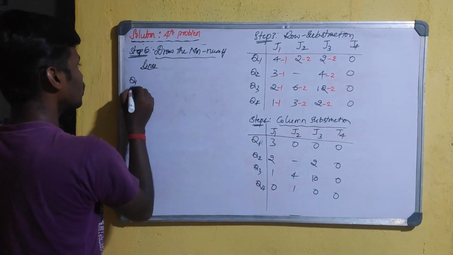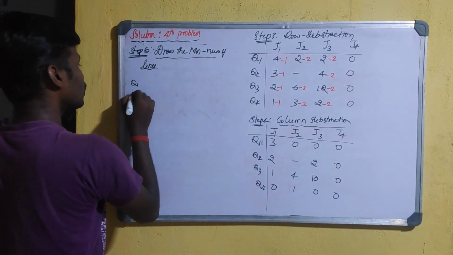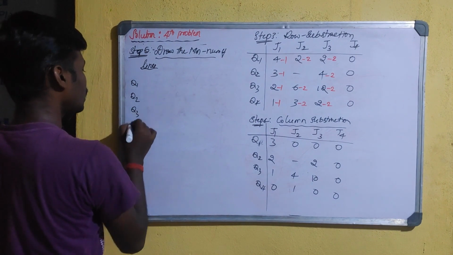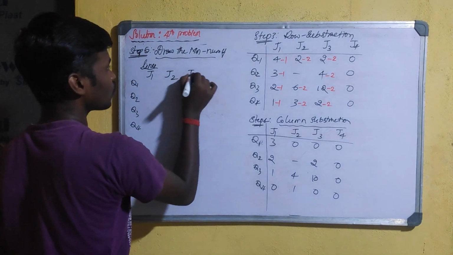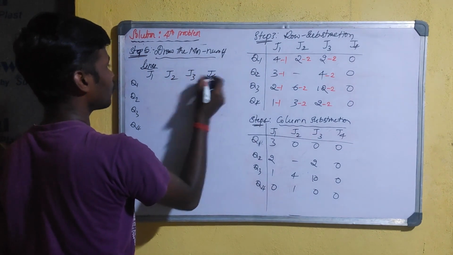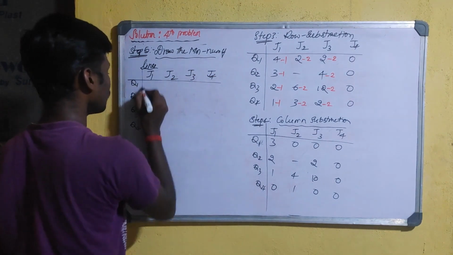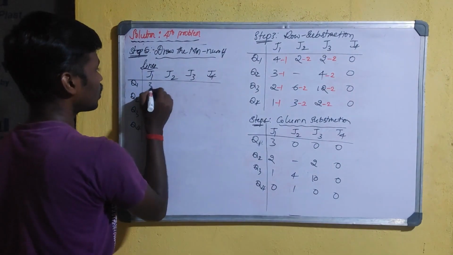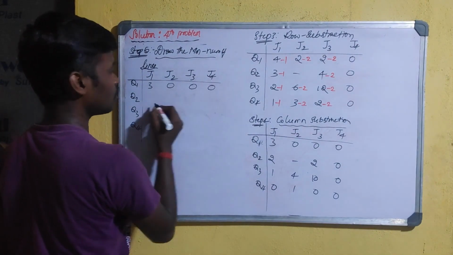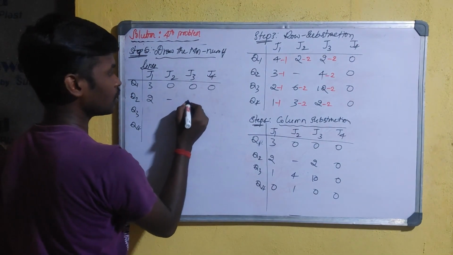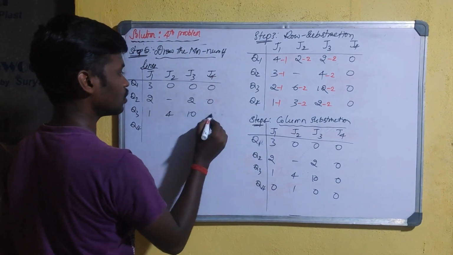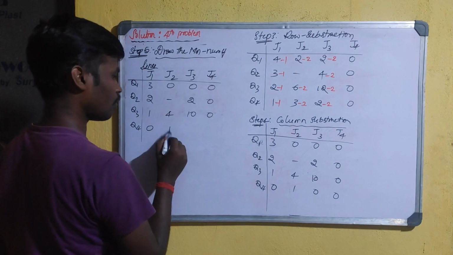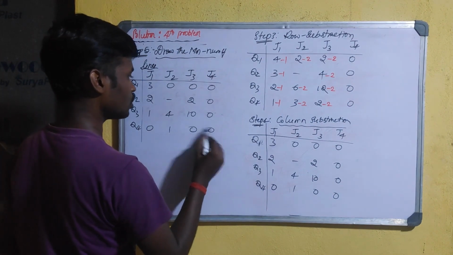So Q1, Q2, Q3 and Q4. So job 1, job 2, job 3 and job 4. See, 3 0 0 0, 2 2 0, next 1 4 10 0, next 0 1 0 0.